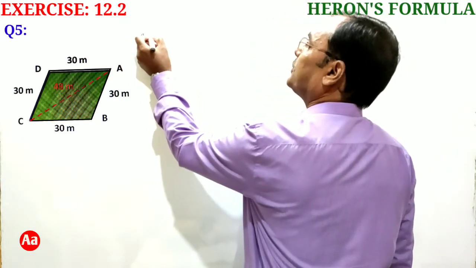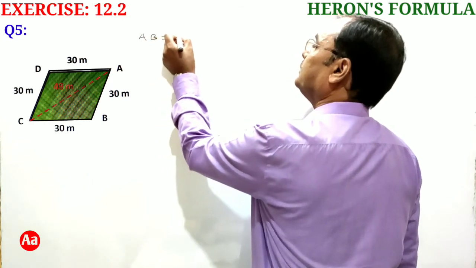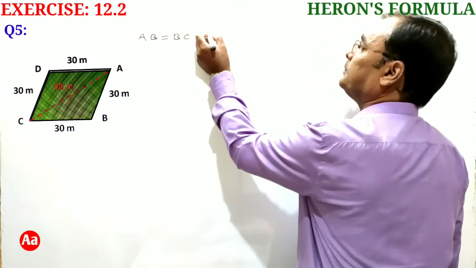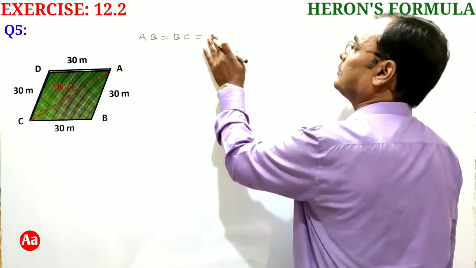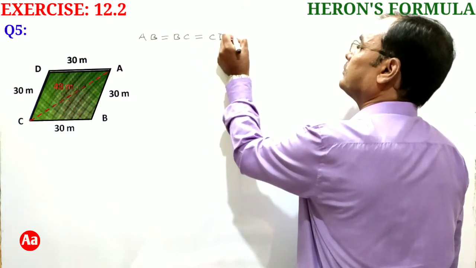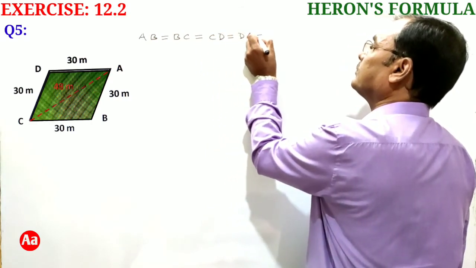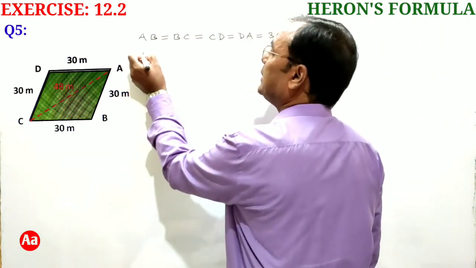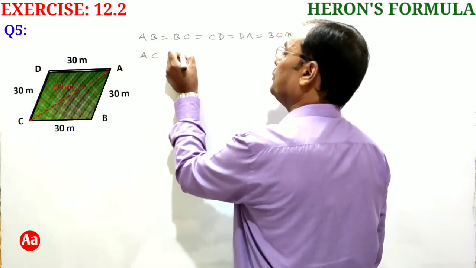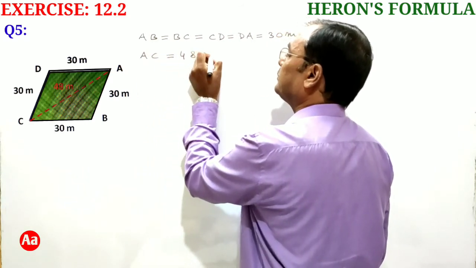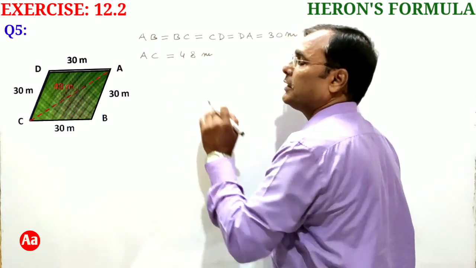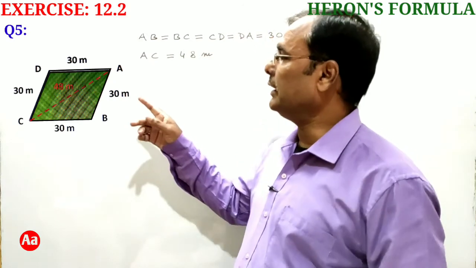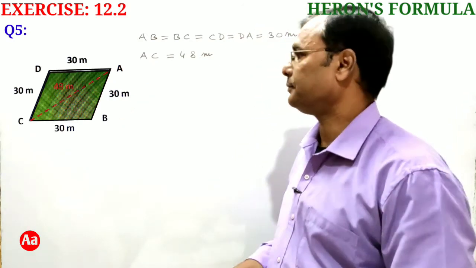So all four sides are given equal as the field is in the shape of a rhombus. It is 30 meter and the longer diagonal AC is given 48 meter. So let's first find the area of triangle ABC, which will be equal to the area of triangle ADC.